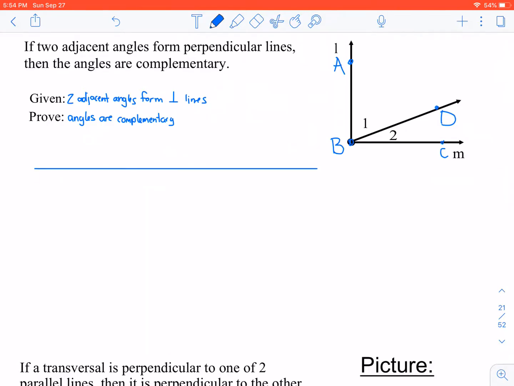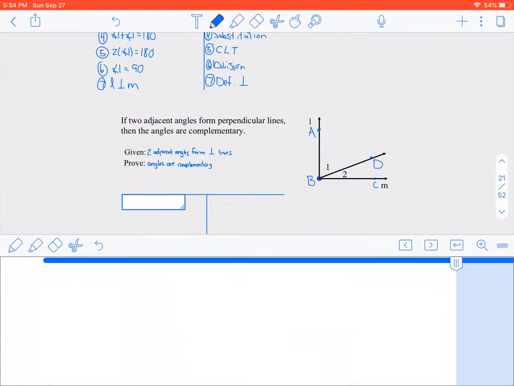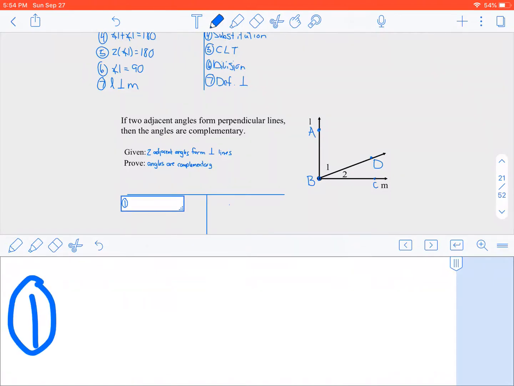So whenever you start a proof, always your first step, given. So my first step is my given. So I'm going to write 1 here.